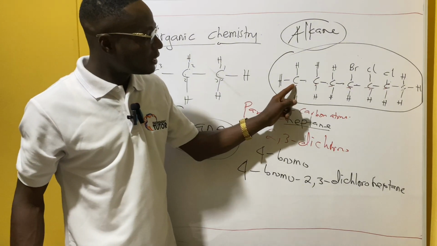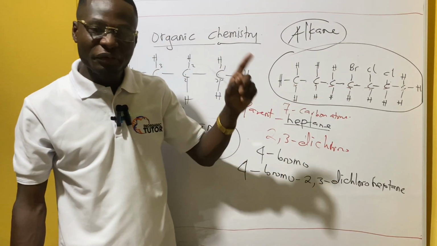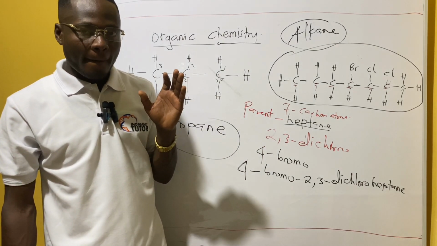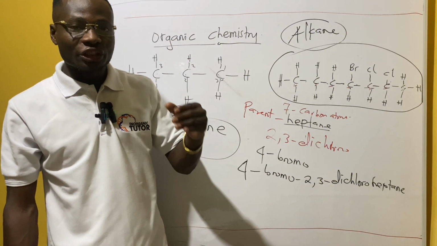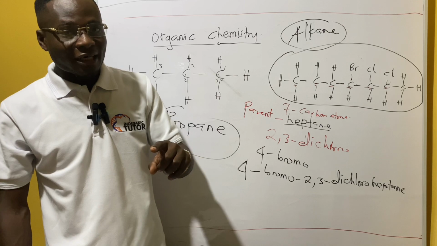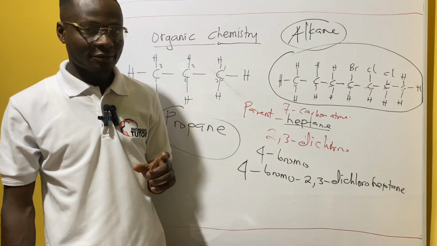But when you move from this side, 1, 2, 3, 4, 5, before you even reach the first chlorine, that is wrong. You get it right. So in naming the substituent, you use the shortest distance. But in naming the parent name, use the longest distance.